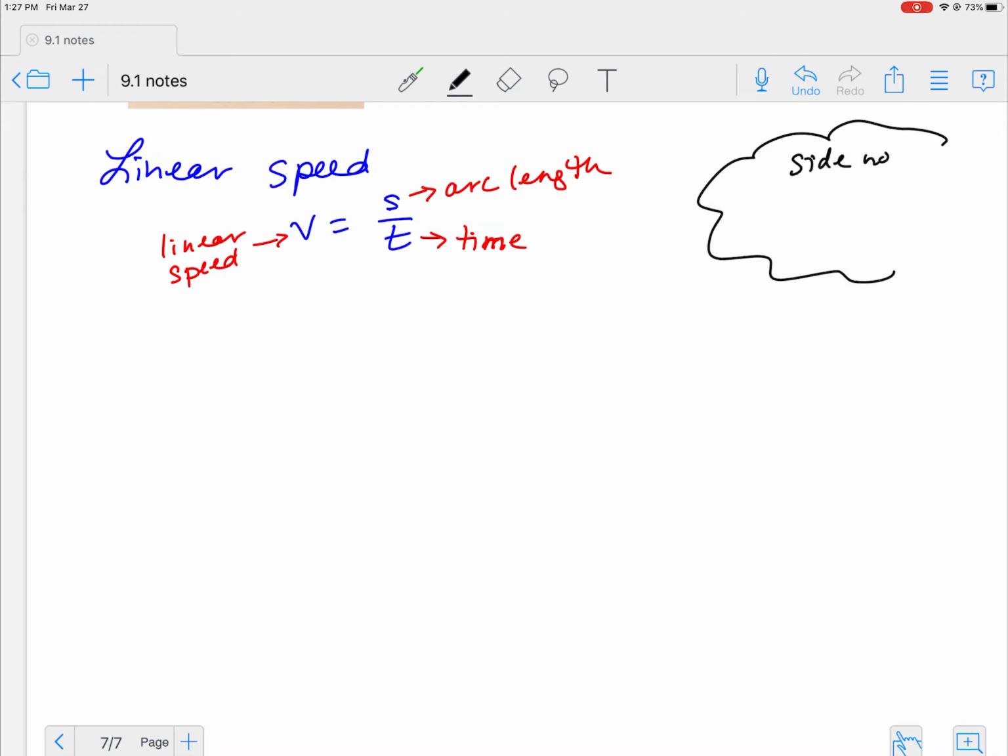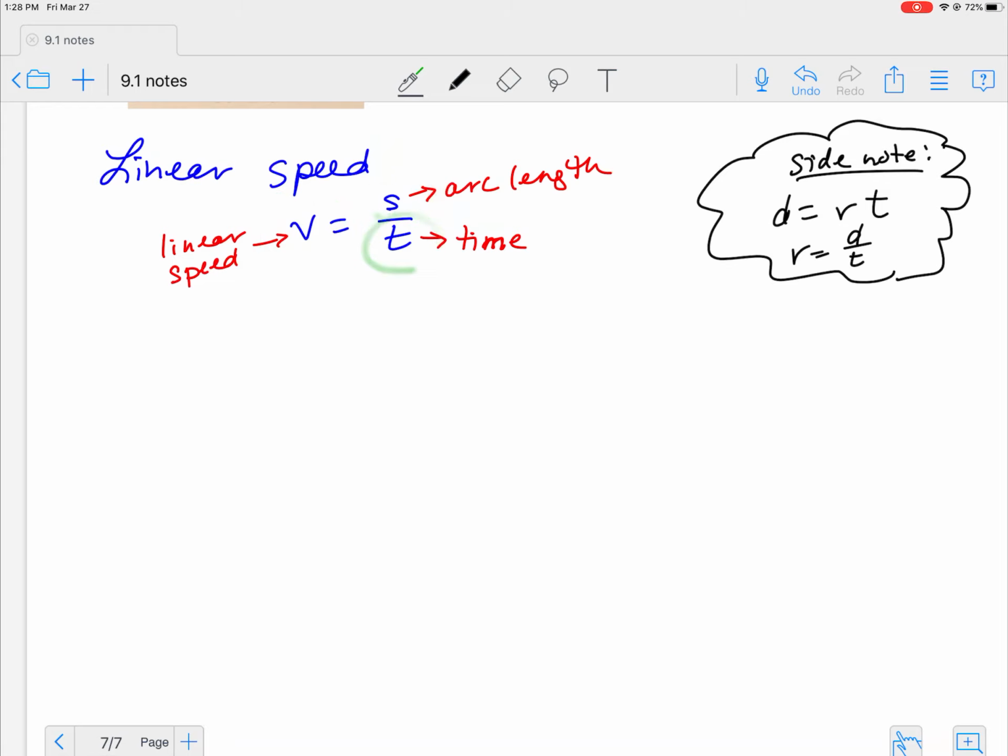Let me just make a quick connection to you, a side note here. Most of you probably know that distance is equal to rate times time, right? So if I'm looking at my rate here, I'm going to divide both of these by T. And that's what we actually have.